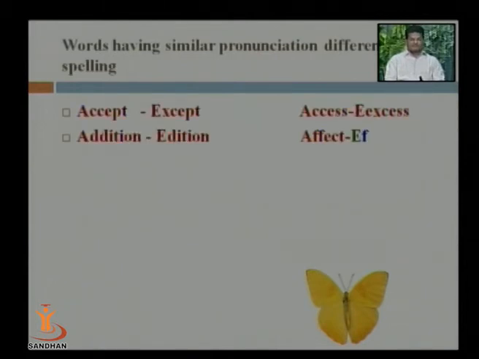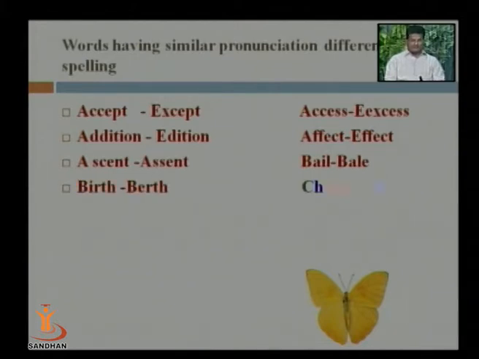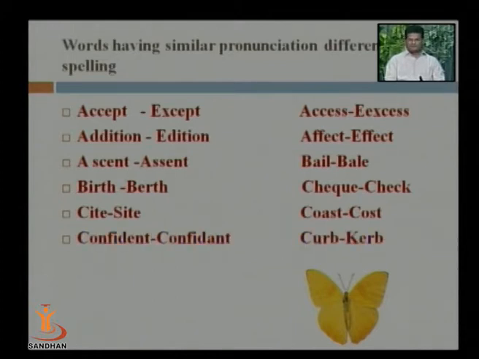This is a list of such words: accept, except, addition, edition, excess, access, affect, effect, assent, ascent, almost similar pronunciation, bail, bale, birth, berth, check, cheque, sight, site, cost, cast, confident, confidant, curb, kerb, damage, damages.